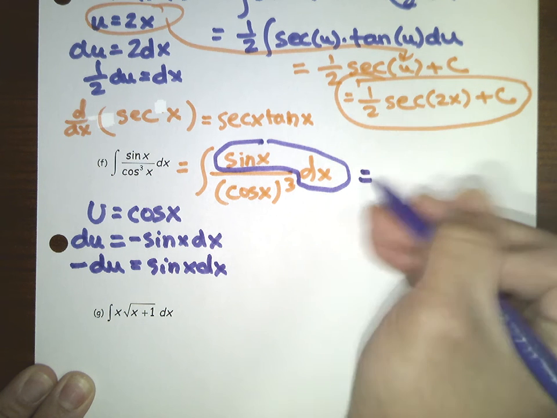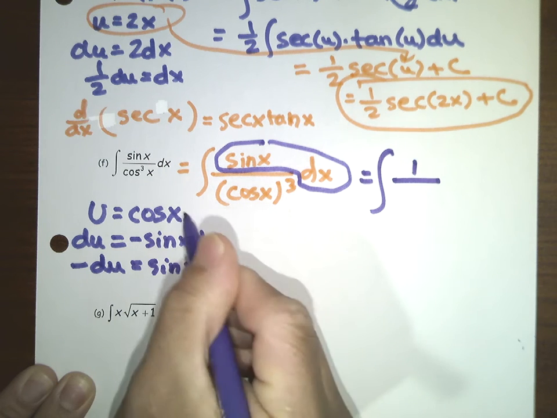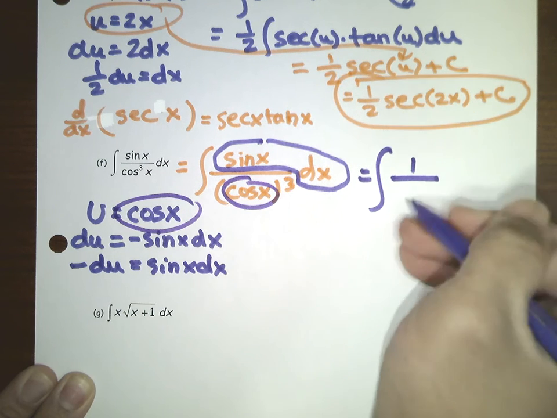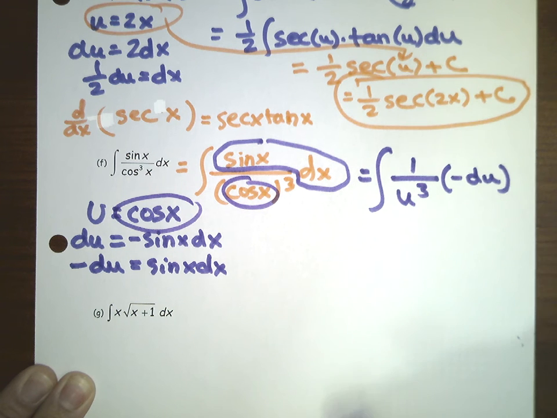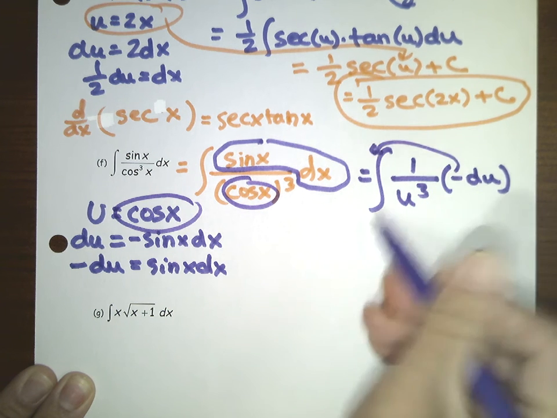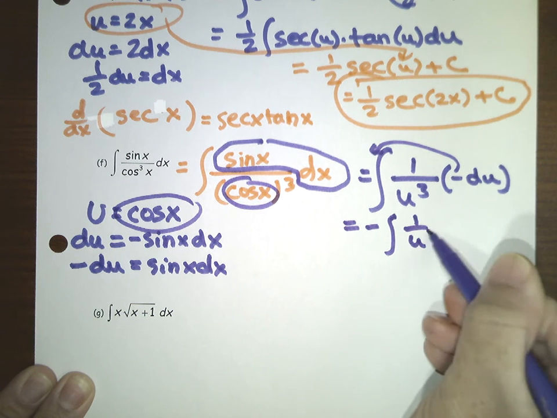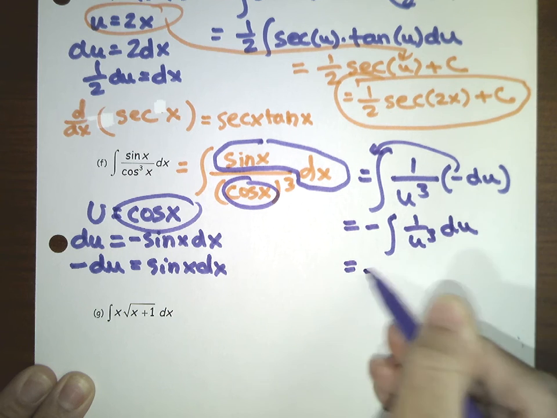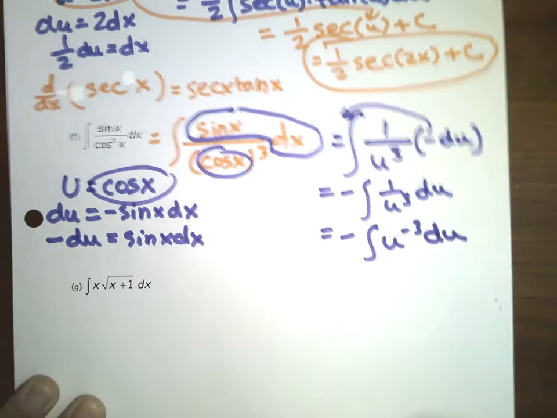So now this is the integral of 1 over u to the third times negative du, and then bring the negative in front, so minus integral of 1 over u to the third du, but I'll rewrite that as u to the -3 du.